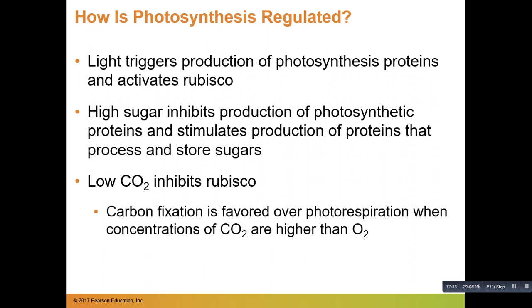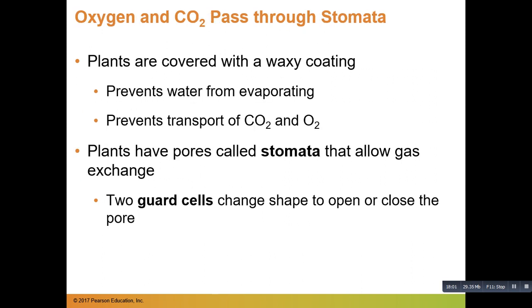Now, we often have a problem with how plants get their carbon dioxide. Normally we think, oh, well, they just breathe the oxygen and the carbon dioxide just diffuse down their concentration gradients. However, plants are covered with a waxy coating, which doesn't allow CO2 in and doesn't allow oxygen out.